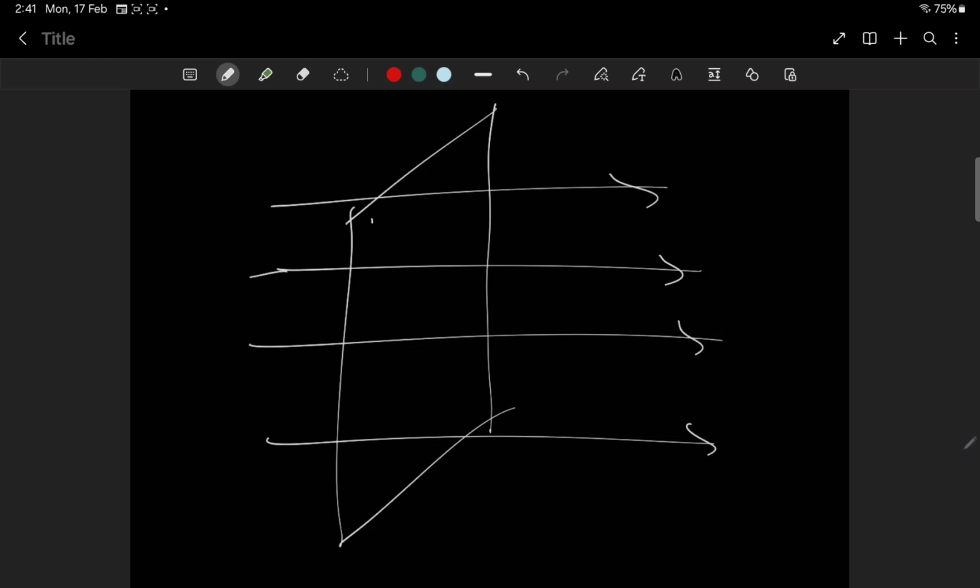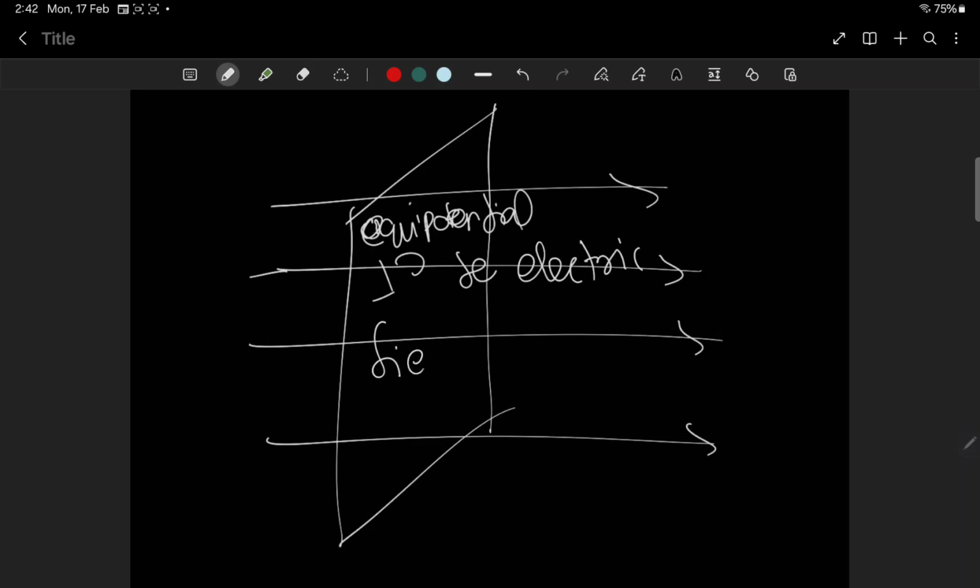But this surface is also equipotential, because all the points on the surface are equidistant from the source charge. So it is an equipotential surface, and this surface is perpendicular to the electric field lines. This is what we are trying to show. It's very, very important to understand this.